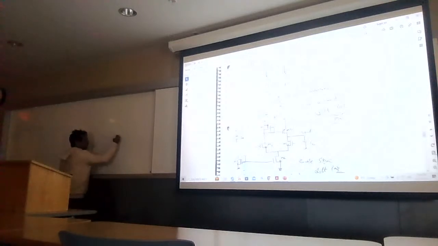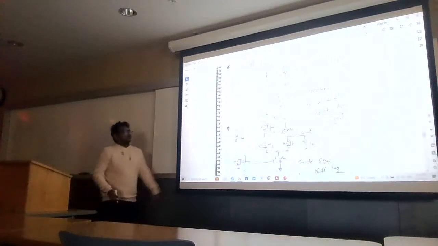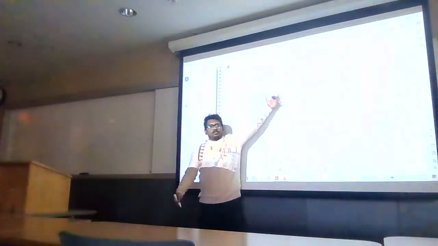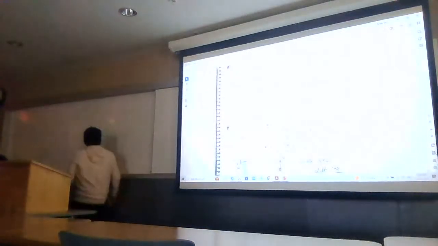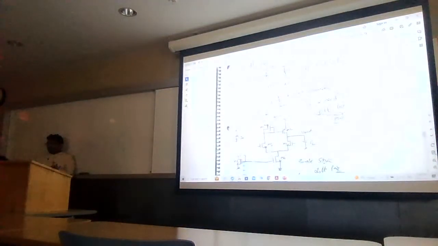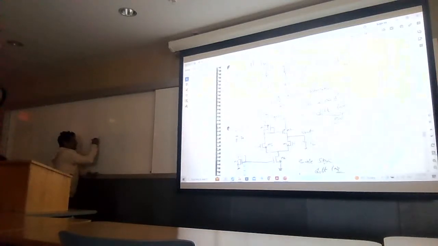Let's assume this blue color is V1 and the red is V2. These V1 and V2 are nothing but these two voltages. This is the condition of a differential signal: if the maximum point is 5 volt, then the other should be minus 5 volt. And the frequency of the signals should be the same, but out of phase. There is a phase difference of 180 degrees. This is the differential signal.